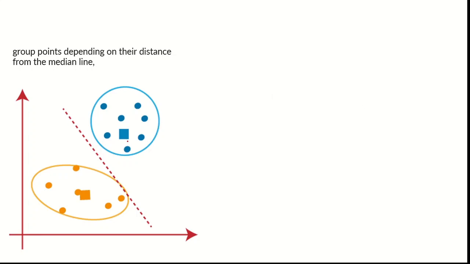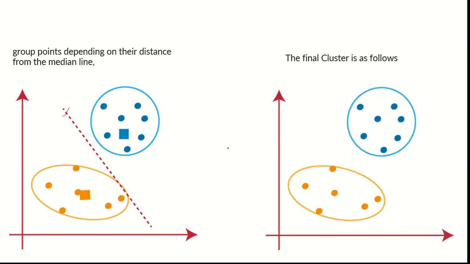So this is the median line, and we group the data points based on the median line. It's grouped like this, and the final cluster will be like this. So we clustered the data into different clusters. This is K-means clustering. Here we have two clusters.